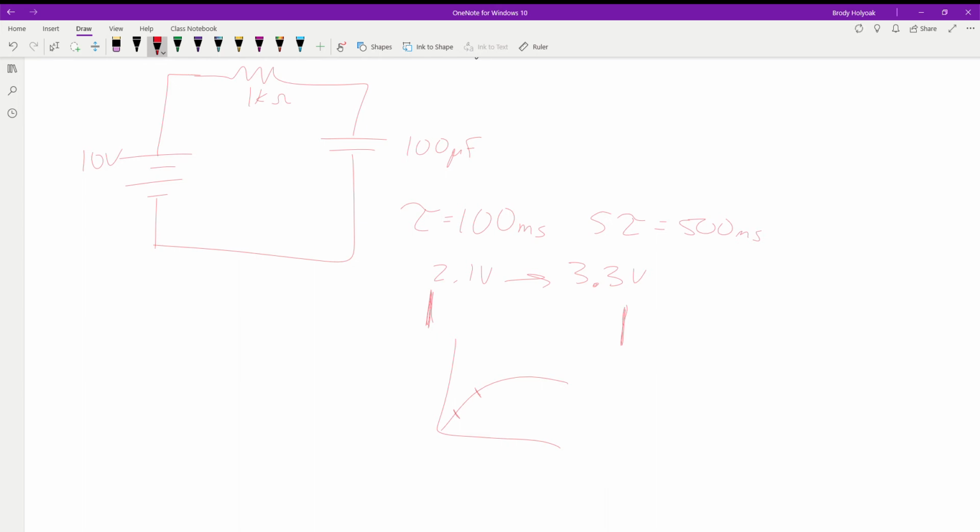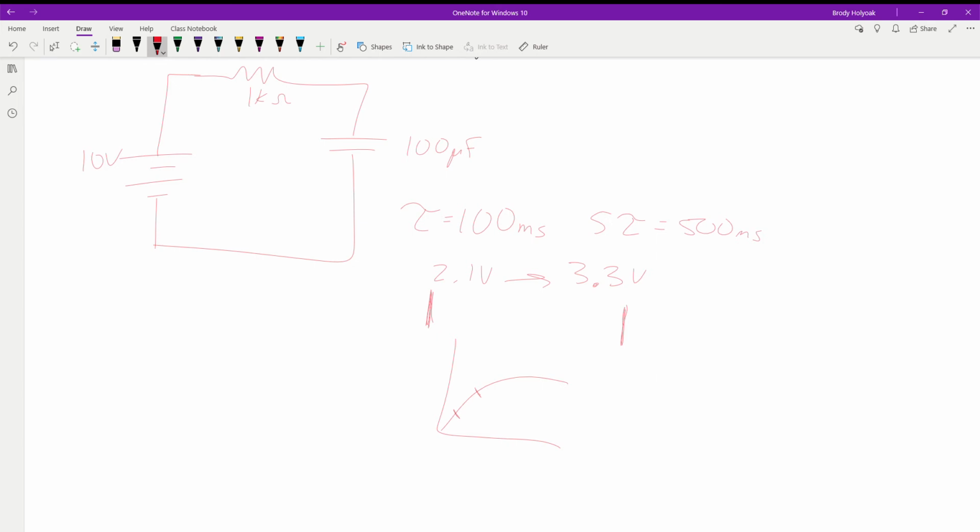The initial we're charging from 0. So assume our capacitor is discharged. Correct.